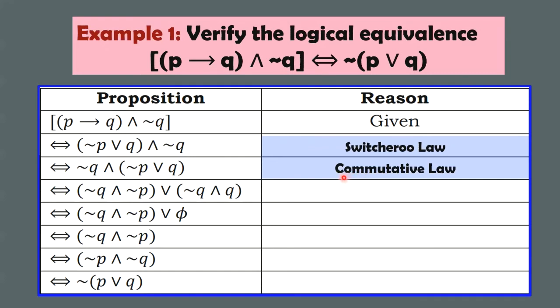What's next? Ito. Ano nangyari? Dinistribute yung not Q and. Diba? Not Q and not P. That's why we have here. Tapos we copy this connector or. Right? So, tapos we distribute not Q and Q dito. So the reason, distributive law.